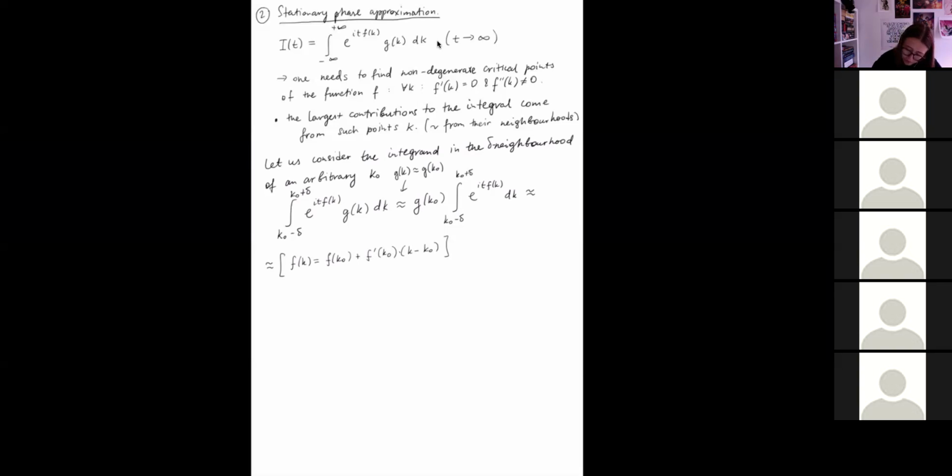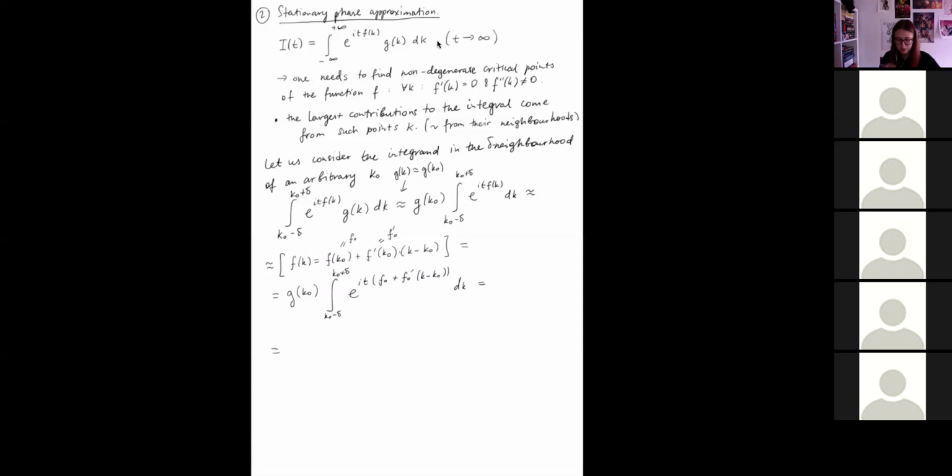Okay, great. Then let us insert this into the integral. Just for convenience, let me call f of k0 f0 and f prime of k0 f0 prime, to make it easier. So we have f0 plus f0 prime times k minus k0, dk.